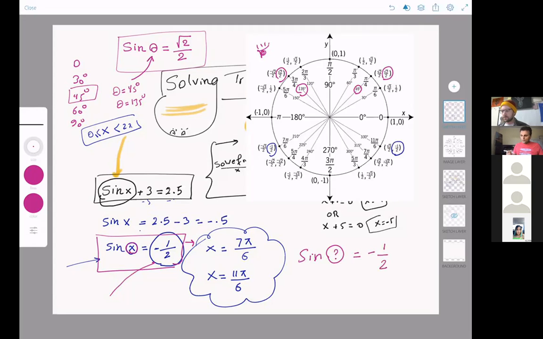So we need to go through all these angles to see which one has sine -1/2. So sine of 30 is 1/2. Sine of 45 is equal to radical 2/2. So we see this is all the values of sine, correct? This is x and y. y is the sine. We see -1/2 is here, and we also see -1/2 is there.